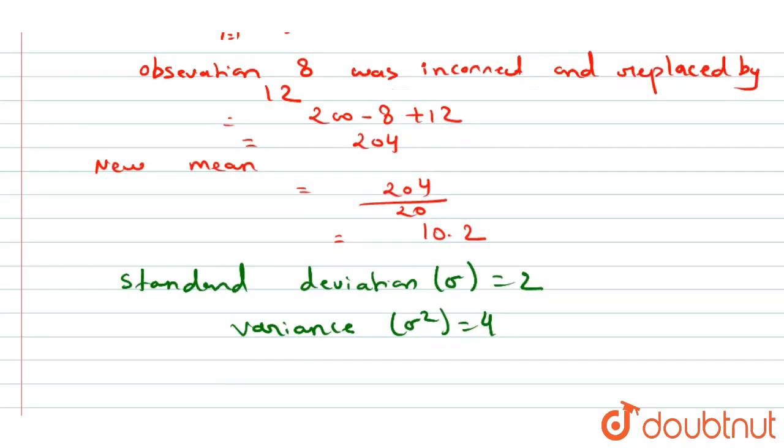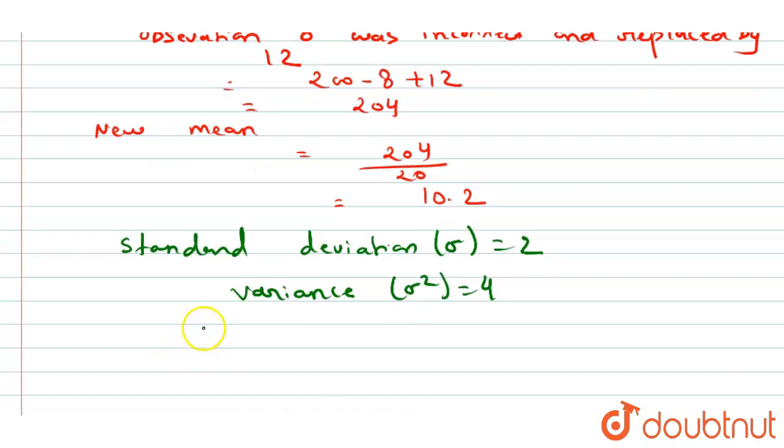Now we will find the formula. We know the formula of variance is equal to summation of xi square upon 20 minus, here we will write the mean, summation xi upon 20 whole square.